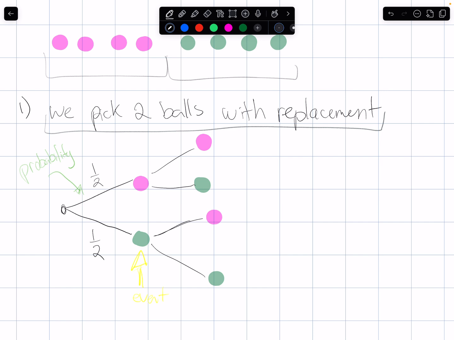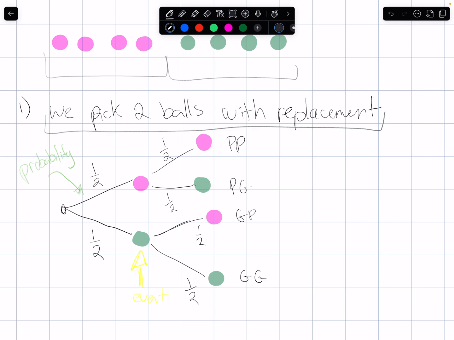Because we've put the ball back, the probability of picking another pink ball is a half, the same as picking a green ball. So here are our outcomes: we can pick two pinks, a pink and a green, a green and a pink, or a green and a green.